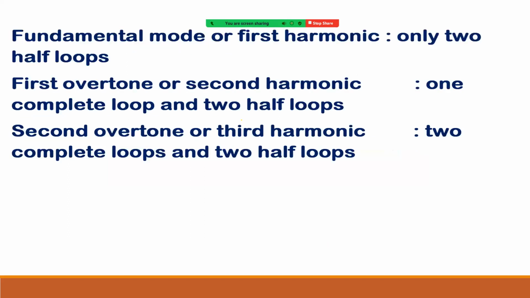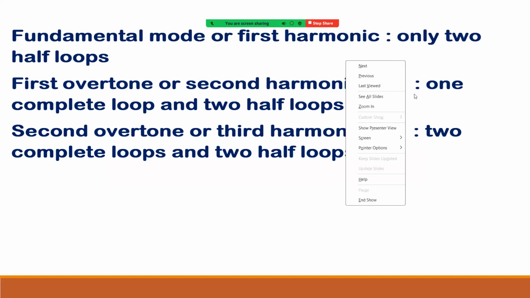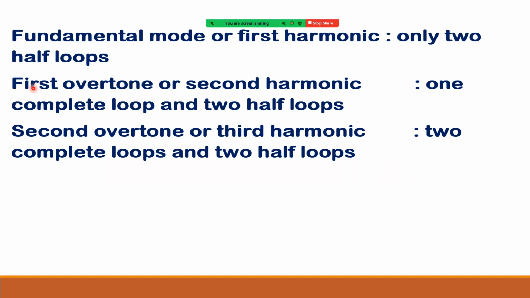So fundamental mode or first harmonic, only two half loops. First overtone or second harmonic, one complete loop and two half loops, right?